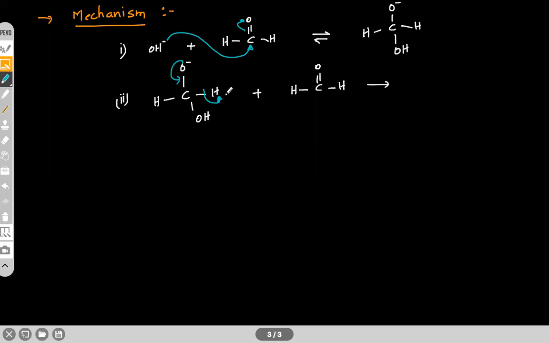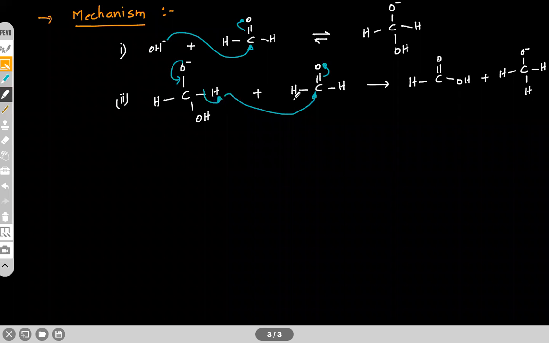And this H minus, which comes out, attacks onto this carbon of the other molecule. And the pi electrons shift onto this oxygen. Okay. So here we get HC double bond O, OH plus we get H C O minus, H, H.